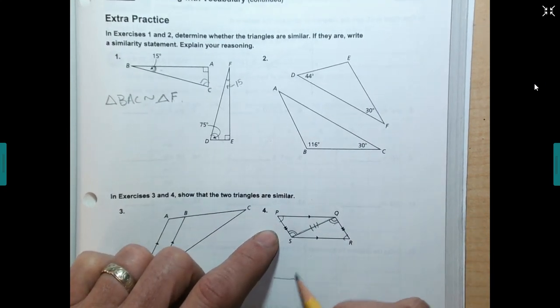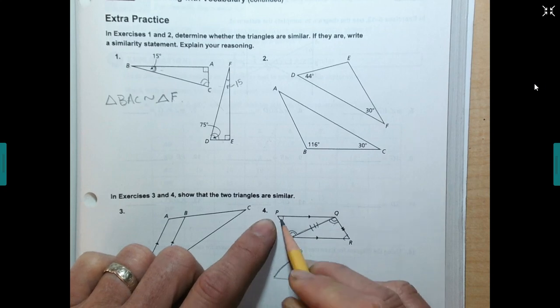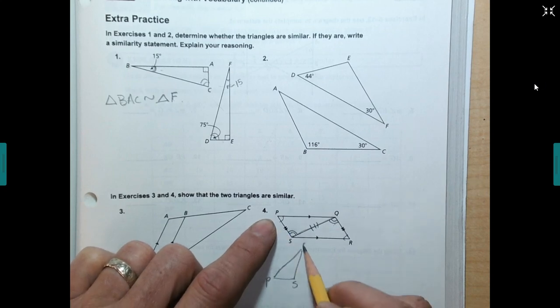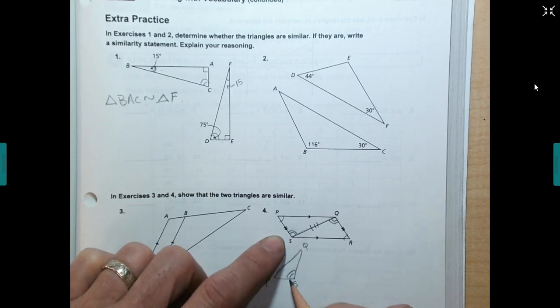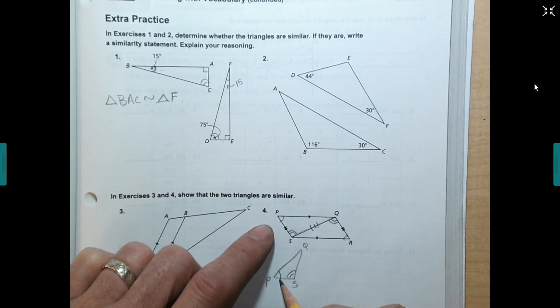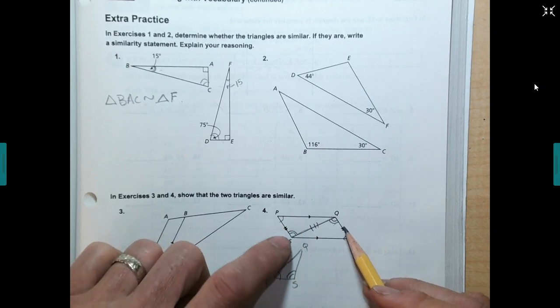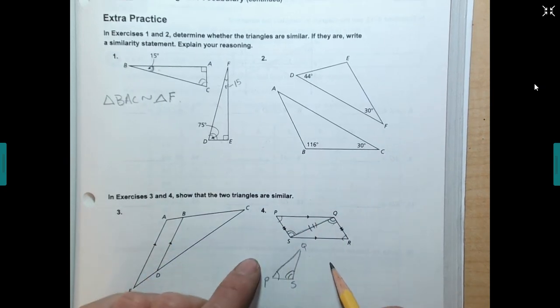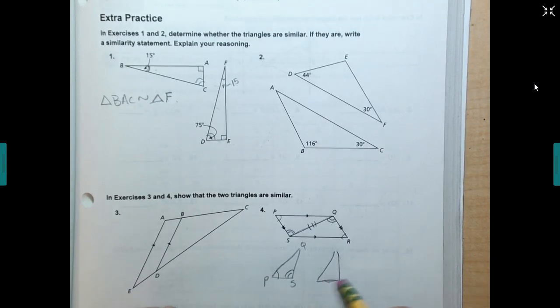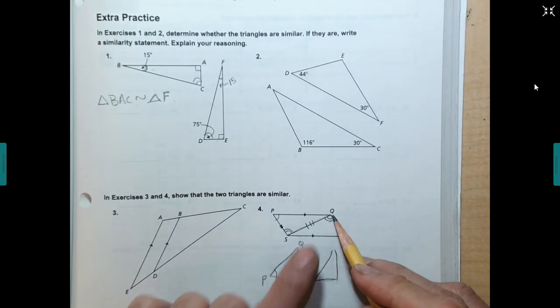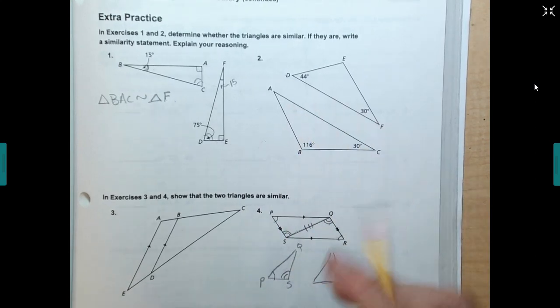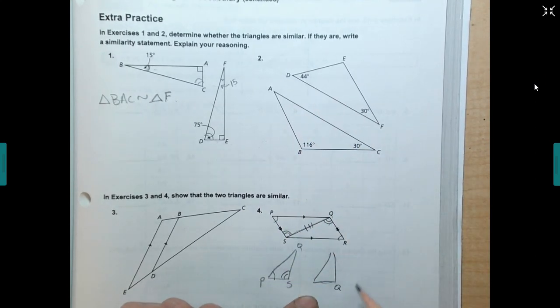So I might draw P, S, Q like that. And I know S is like this. P is like that. I might take this one and maybe I'll rotate it. So I've got like this. And then I know that if I rotate it over, this Q will be right here.